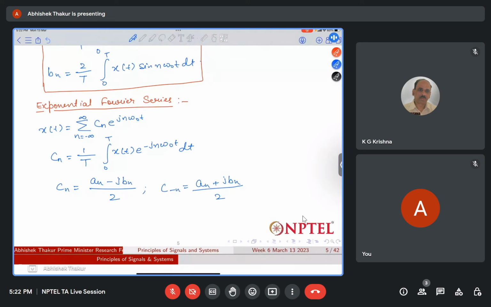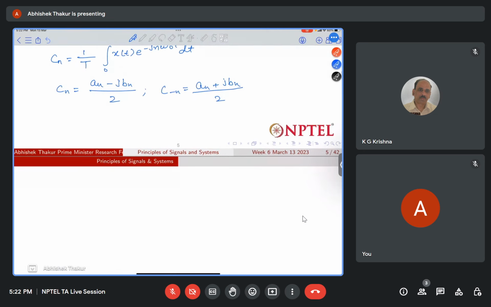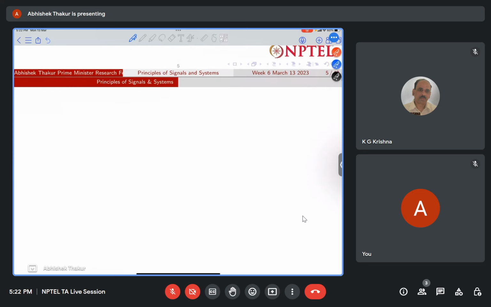But before that, we can see the polar form of the trigonometric Fourier series. In this, x(t) is represented as D naught plus summation of n equal to 1 to infinity Dn cos(n omega naught t plus theta n).